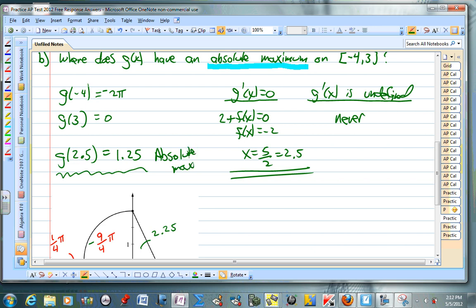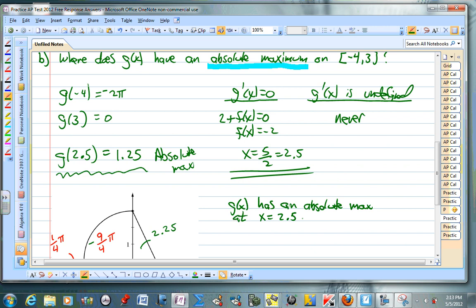Let's read the question. Find the values of x. So all we have to say is G has an absolute max at x equals 2.5. And we're supposed to justify this.